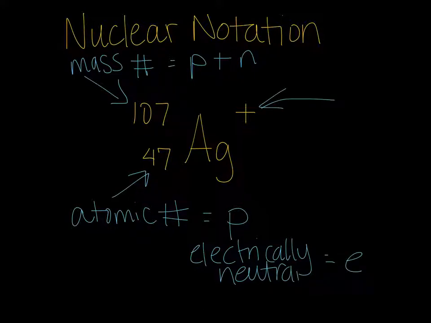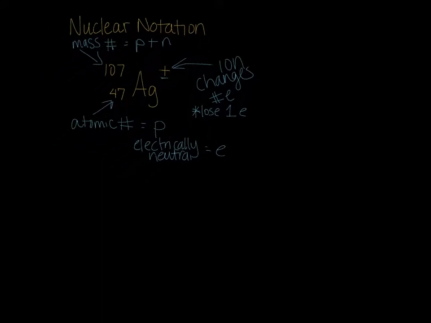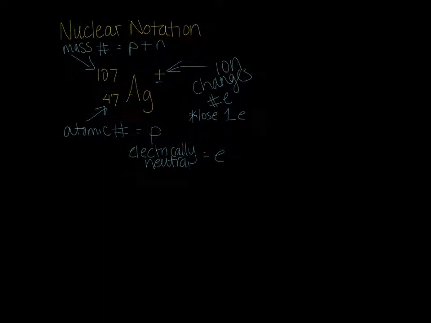This right here will indicate an ion. So this changes your number of electrons. So this one, for example, is a positive. So that means that we are going to lose 1 electron, okay? So knowing all this, if I were to ask you information about its protons, neutrons, and electrons, you would tell me, first of all, you would say this is silver, okay?